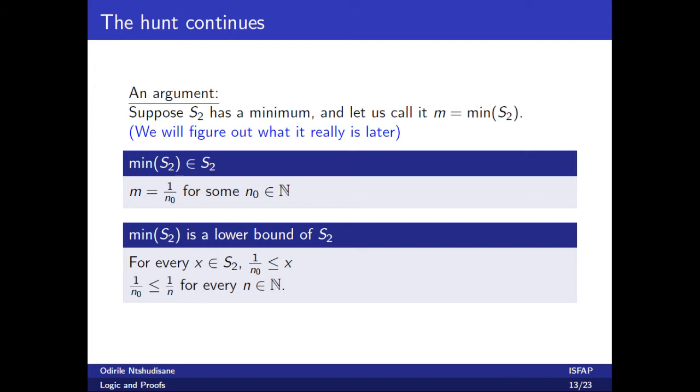Being an element of S2 would imply that it is 1 divided by some natural number n naught. Being a lower bound would imply that the minimum 1 over n naught is less or equal to every element x of S2. That is, it's less or equal to 1 over n for every natural number n.